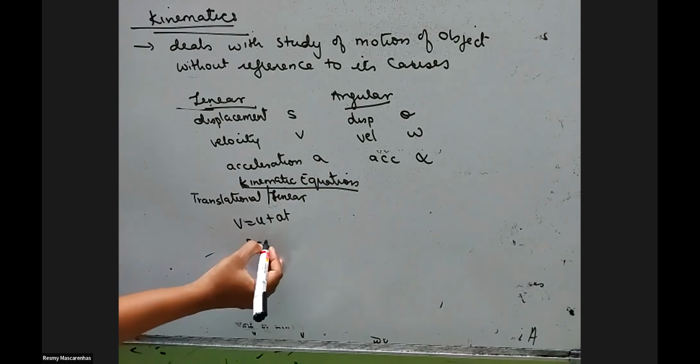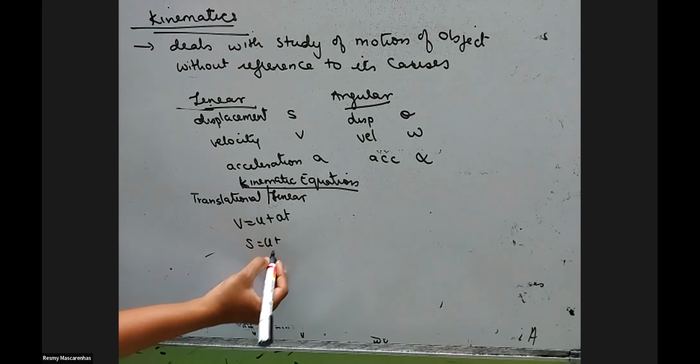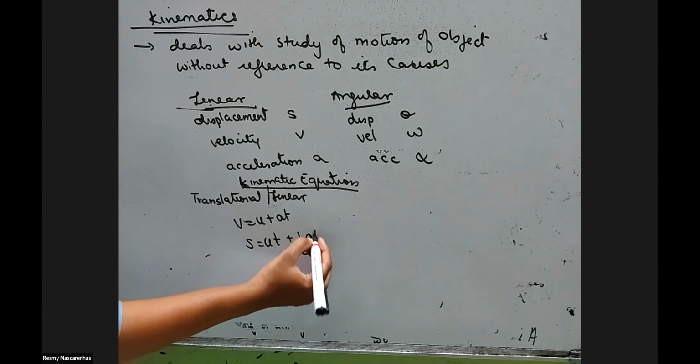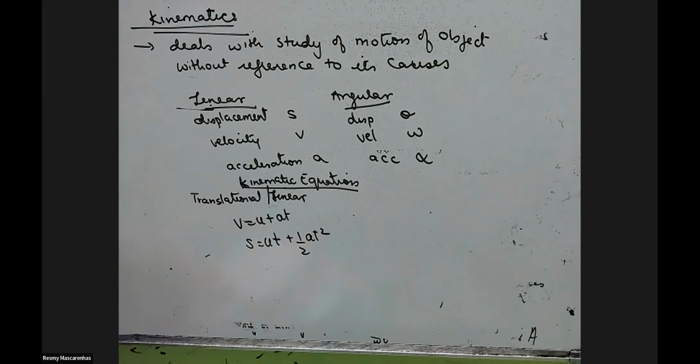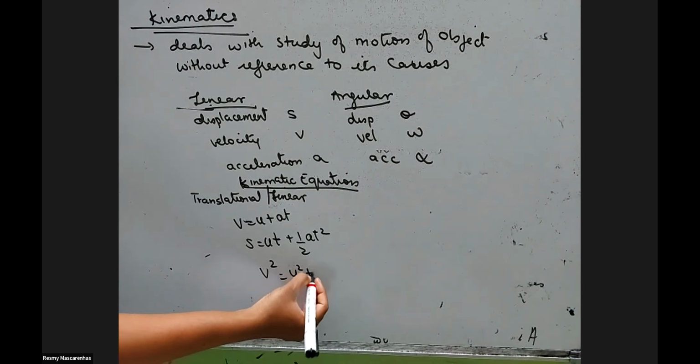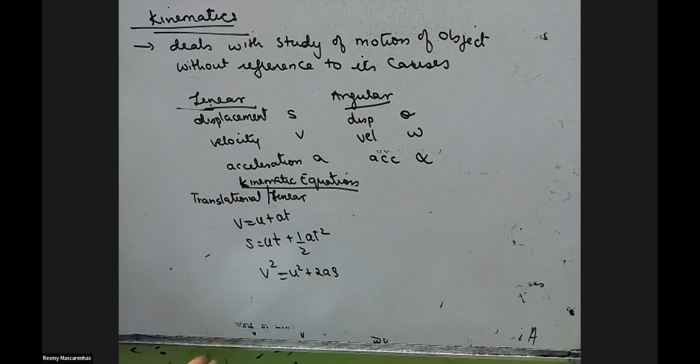The second was S equals UT plus half AT squared. Then V squared minus U squared equals 2AS. Same thing. So this is for translation.